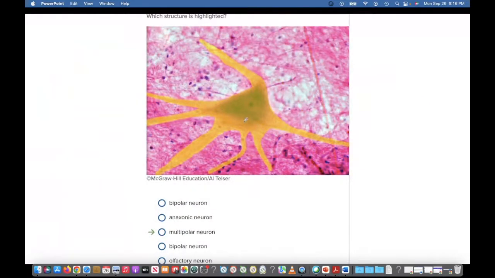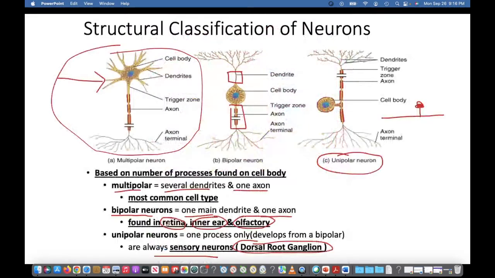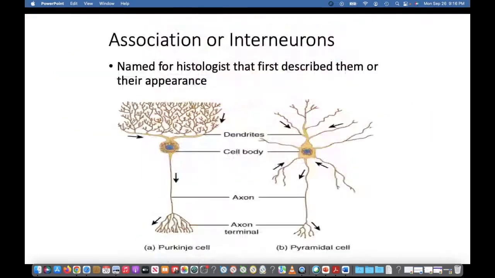What we're looking at here: dendrites, cell body, axon. That's our multipolar neuron. Okay, and again, you can review, it matches up here with this structure. Other terms are association or interneurons, and some of these are named after the histologist, or sometimes they're named by their appearance.